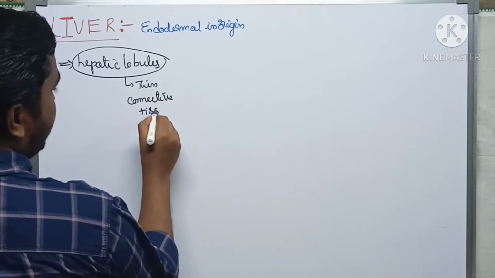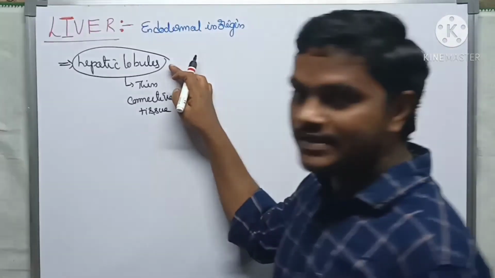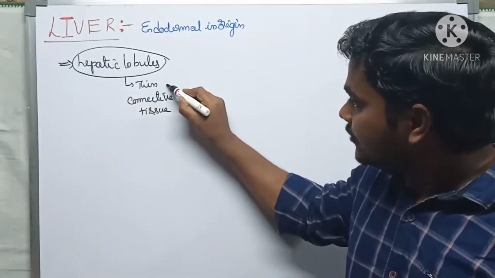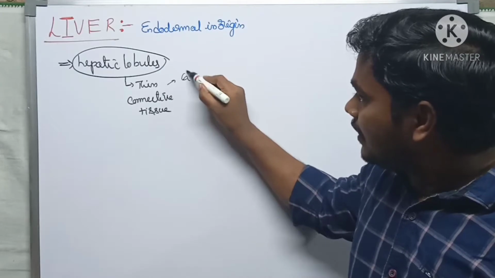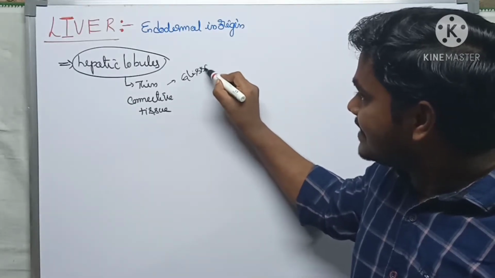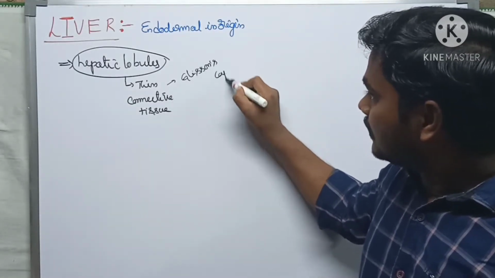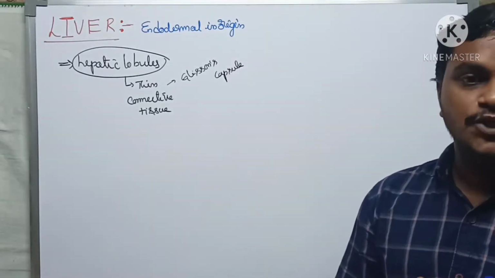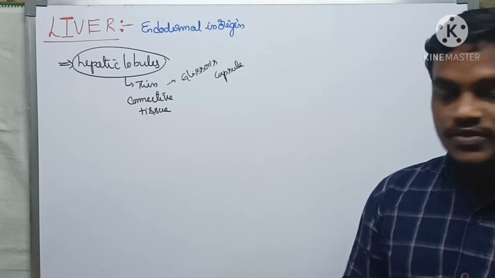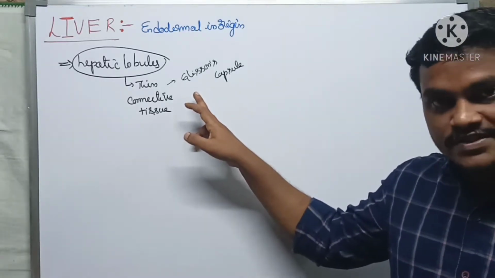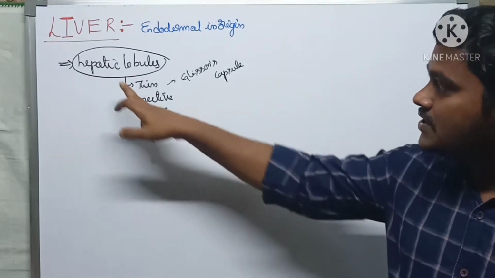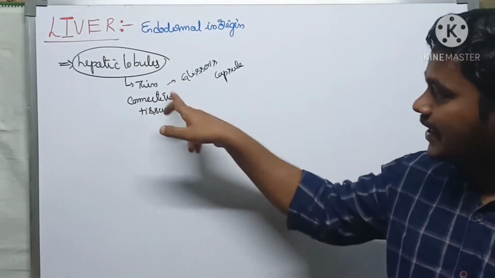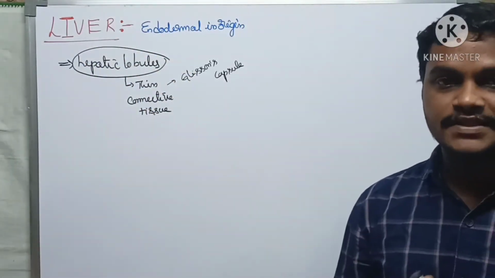This connective tissue is called a capsule, that is Glisson's capsule. Glisson's capsule is a unique feature of mammals. So hepatic lobules are covered by thin connective tissue, and that connective tissue is called Glisson's capsule.